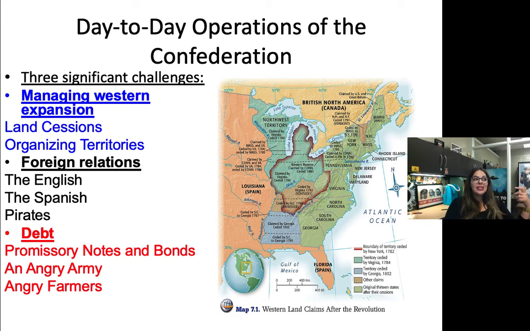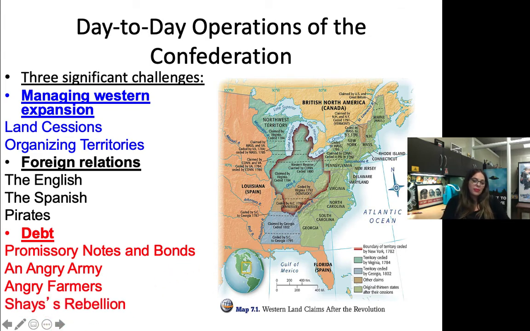They're demanding that the government step in and prevent the banks from foreclosing on their homes. They couldn't sell their things. They're trying to flood the market here. Prices dropped. People couldn't pay their debt. They're angry because the government's not acting because they don't have any authority. And these guys, when they can't pay their debt, guess what happens? They get thrown in debtor's prison, debtor's jail, which is where Shays' Rebellion comes in.